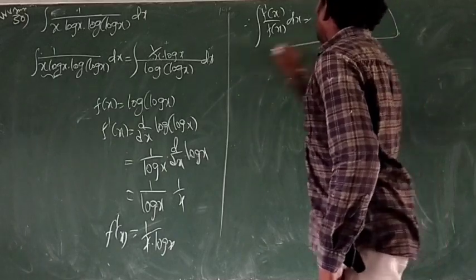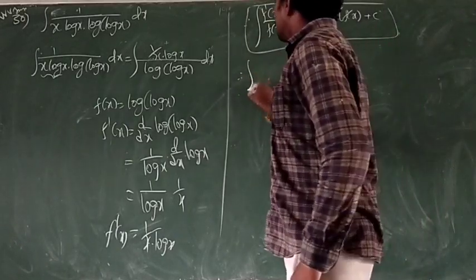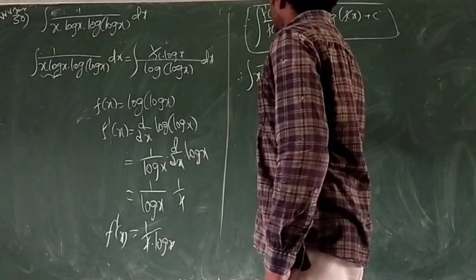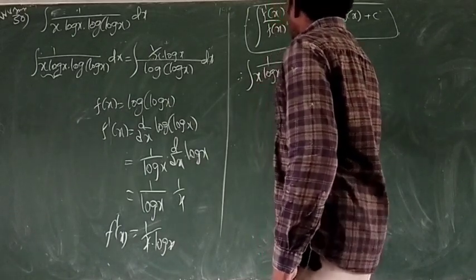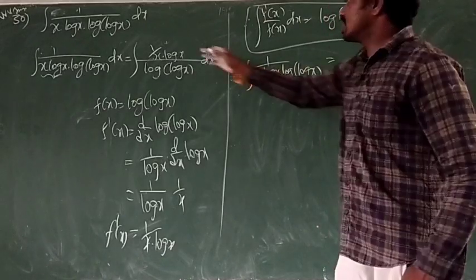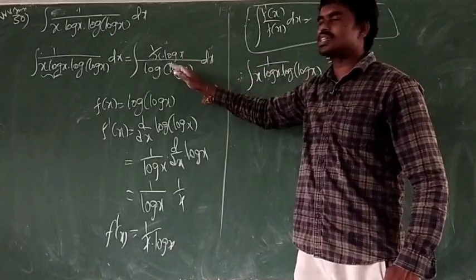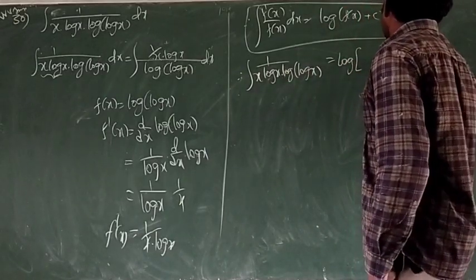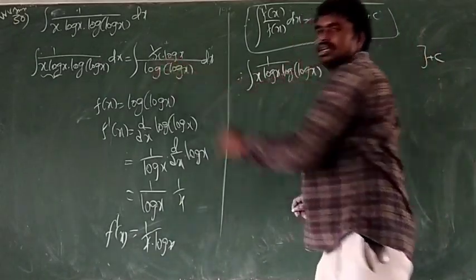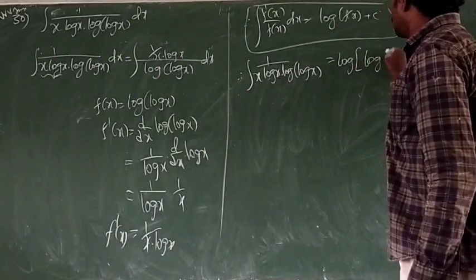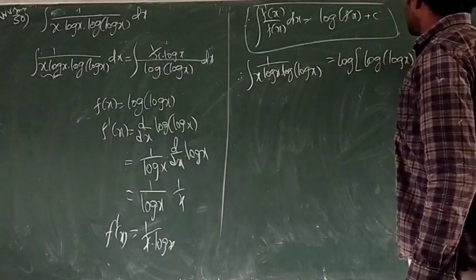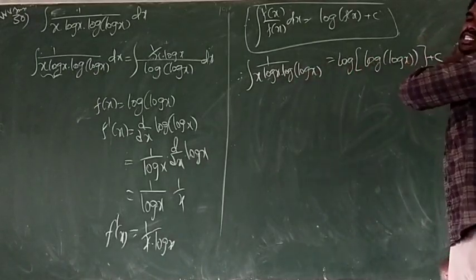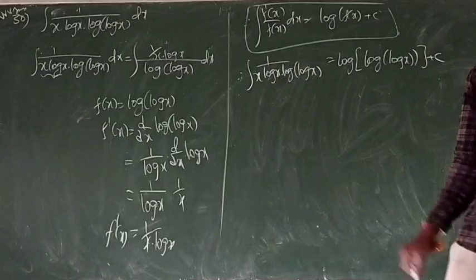So the integration of 1 by x log x into log of log x is this f dash x by f of x, which is called log of the denominator. What is the denominator? Log of log x. So the answer to the given question is log of log x. That's it.